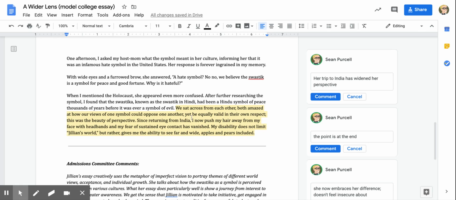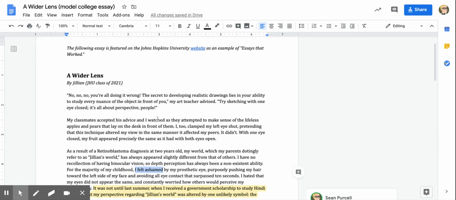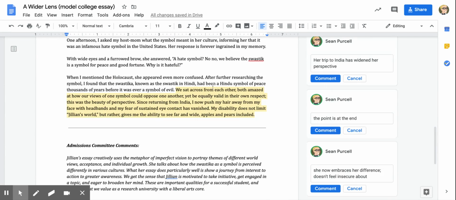And if she had put this point at the beginning and said, now I understand this, it wouldn't have the same effect because we wouldn't have the context to make sense of that understanding. We need the story of how she was before to how she is now to really understand that transformation in the way that she thinks.